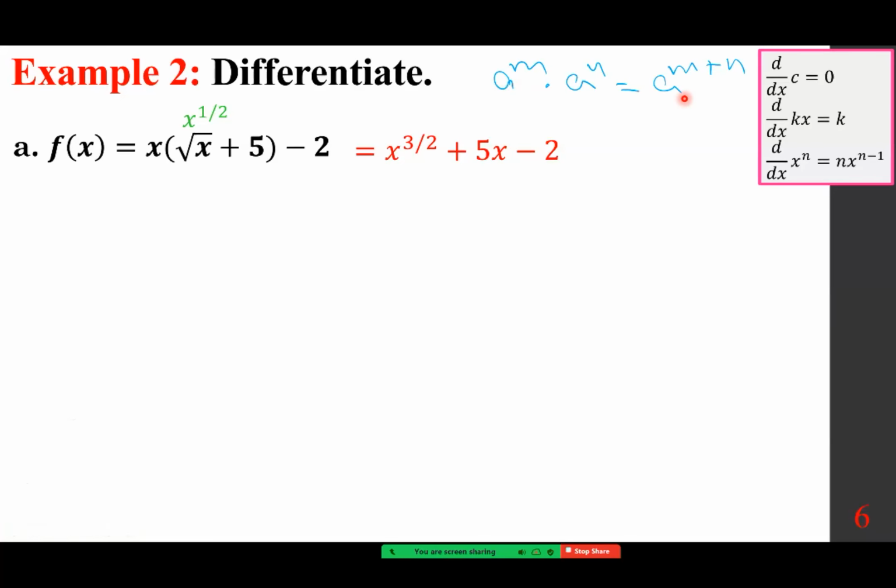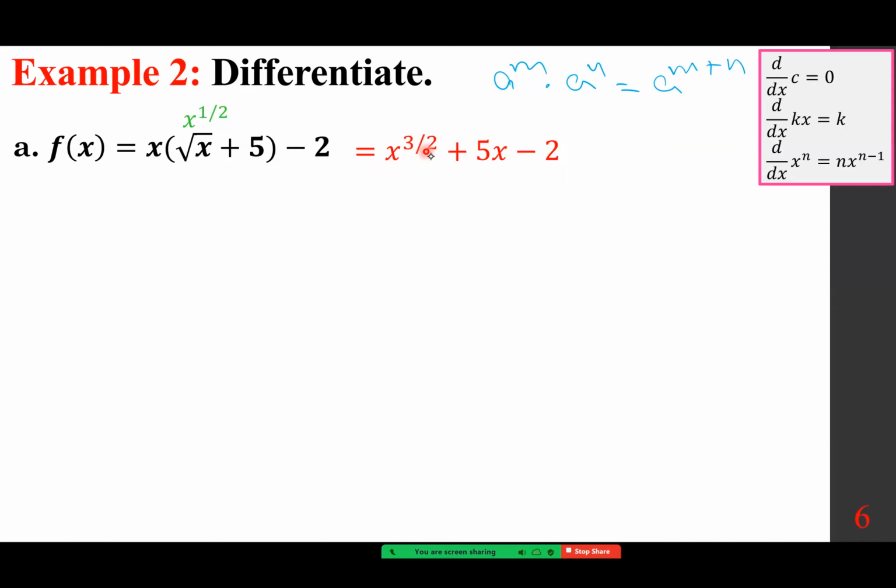Power rule. So when you want to multiply exponentials, this is the rule you use. And now, never mind that 3/2 is a rational number or any type of number. You just follow this. So x to the power of 3/2, 3/2 becomes a coefficient, and the exponent goes down by 1.